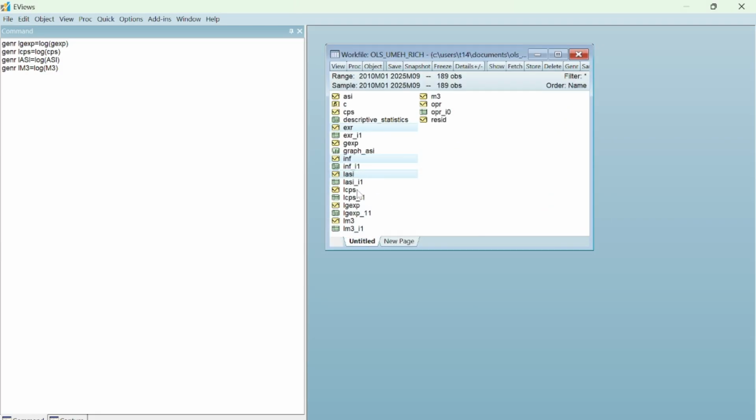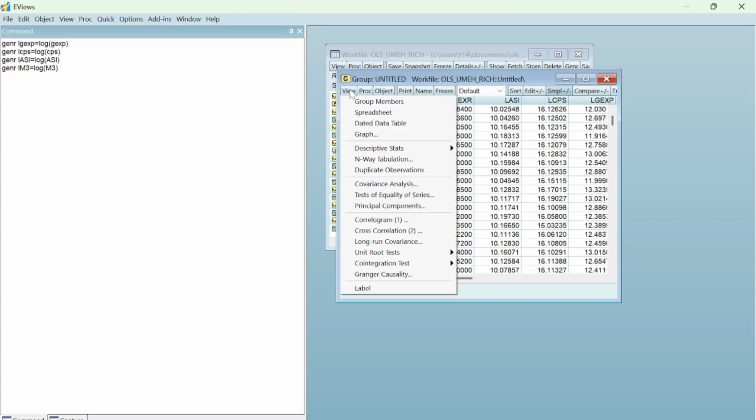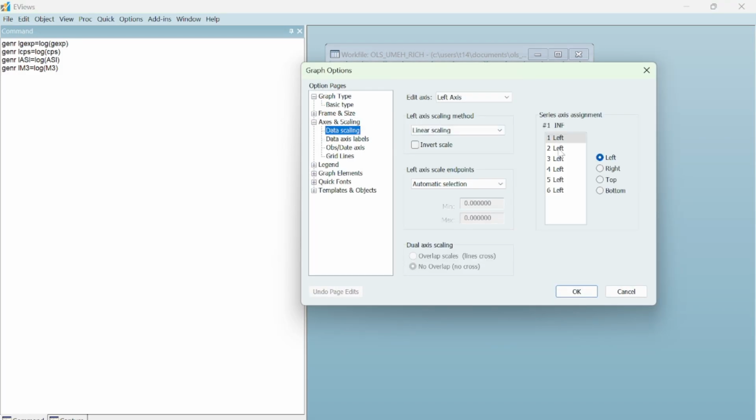Let's add another variable. Okay, let's just add all of them and see whether we can move all of them to the right, leaving only exchange rates in the other angle. Let's see whether it's going to 1, 2, 3, 4, 5, 6. Okay, open as group, view, graph, axis and scaling.